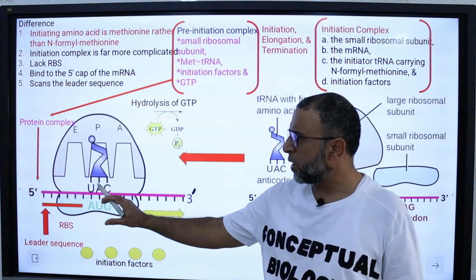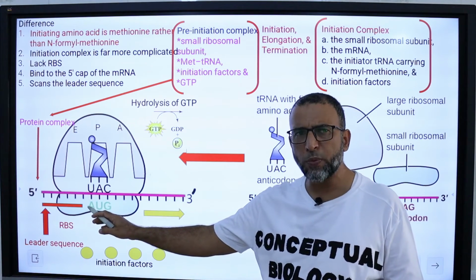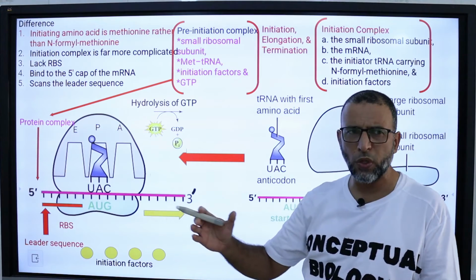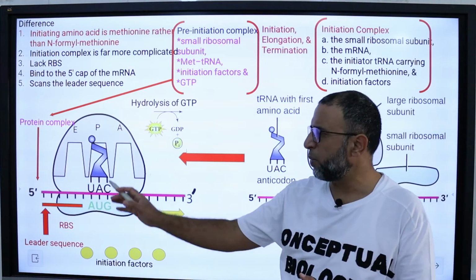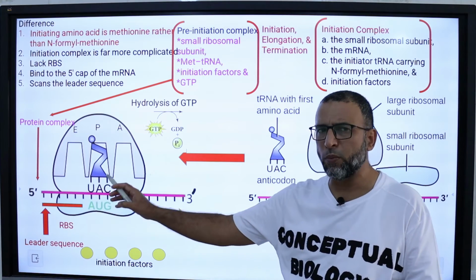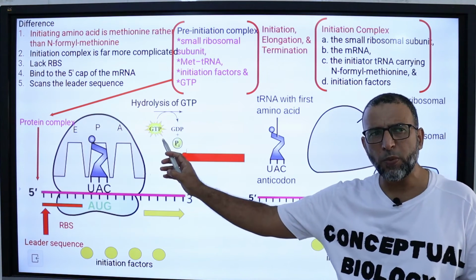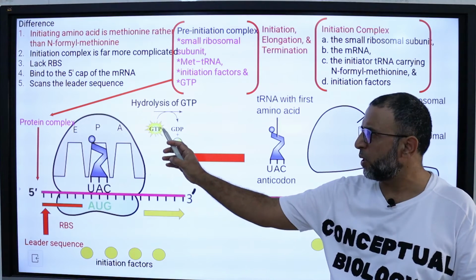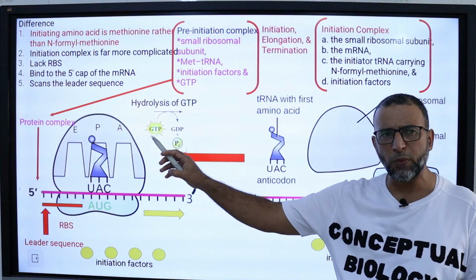So, during protein synthesis, the small and large ribosomal subunits reassociate to form an intact ribosome, and it requires energy from GTP, an energy transfer molecule similar to ATP.